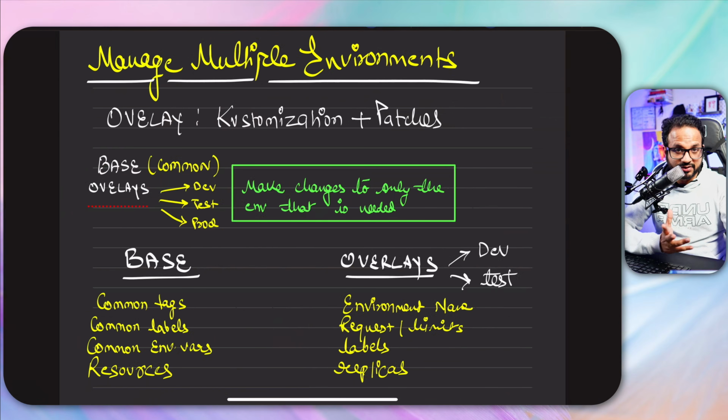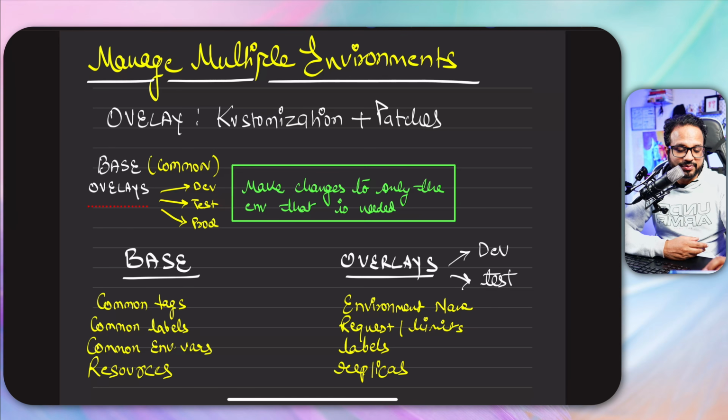To continue this further, to understand this in a better way, we have a base folder which will have all your common configurations, the one that needs to be applied in all the environments, right? And then in the overlays folder over here, you will have your environment specific configuration, your dev, test, prod, stage, whatever, and you make the changes to only the environment that is needed.